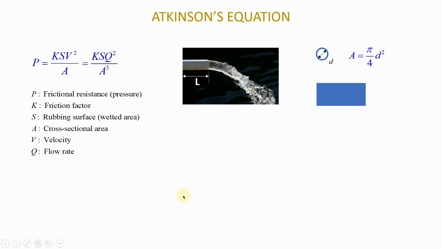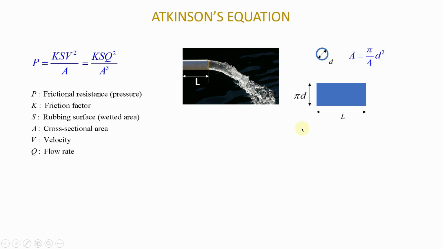And the length of the rectangle will just be the length of the pipe, L, okay, that will be the length of the rectangle. But now this side of the rectangle is going to be equal to the circumference of the circle that you have there. And we know that the circumference of a circle is pi multiplied by d, okay? Because if I were to cut it on top here and pull it until it is a straight line, the length I will get will be pi multiplied by d.